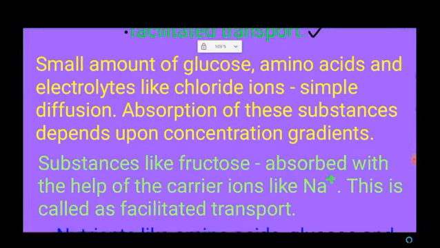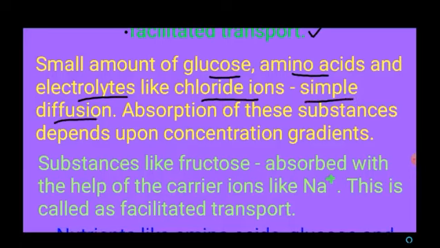Some amount of glucose, amino acids and electrolytes like chloride ions are absorbed into the blood by simple diffusion, and these substances are absorbed based on the concentration gradients. That means at the beginning of absorption, these substances move from higher concentration to the lower concentration.